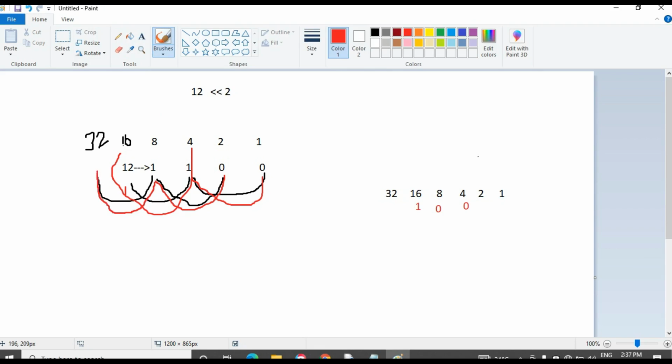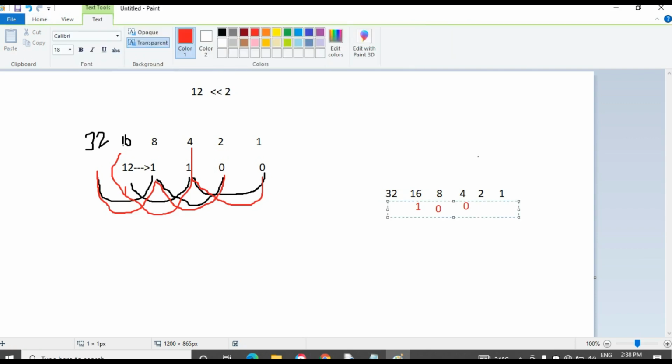Then the next one will be moved into the 32nd position, so that one will come here. Now the representation is 32 plus 16.